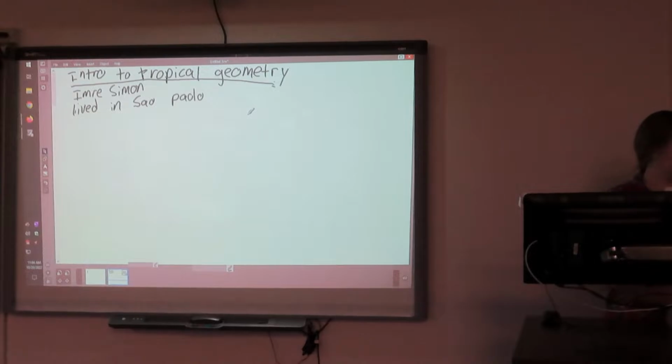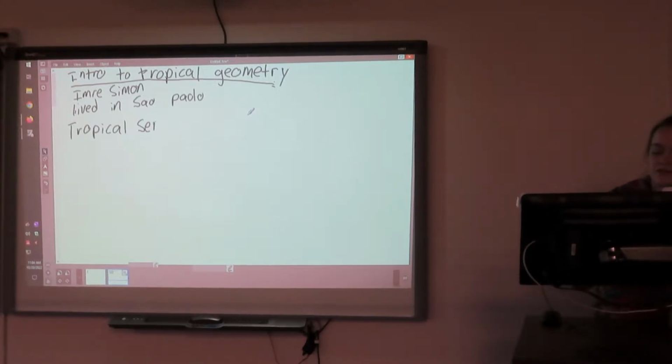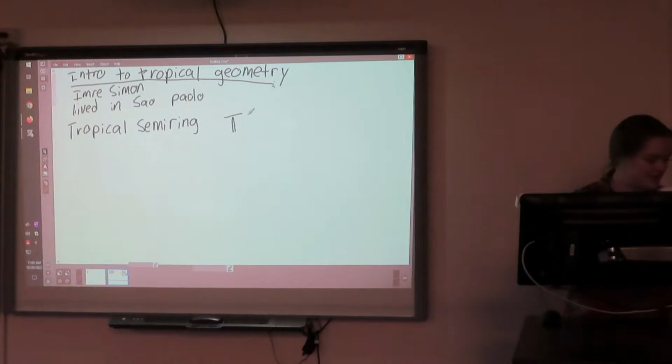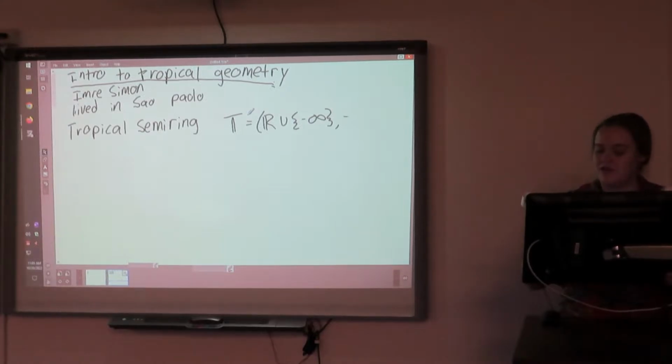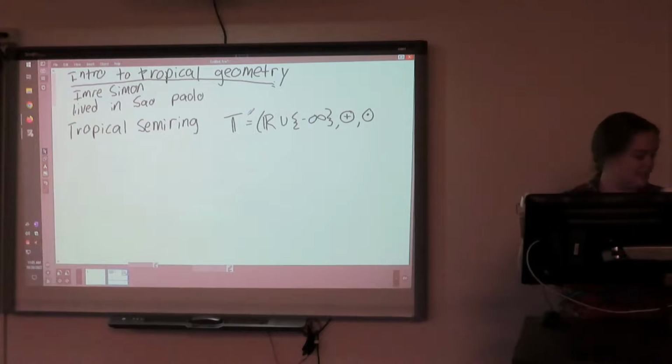Okay. So today we're going to start by looking at the tropical semiring, which is denoted with a bold T. This is the real numbers with negative infinity, and we have some sort of addition and some sort of multiplication on this.